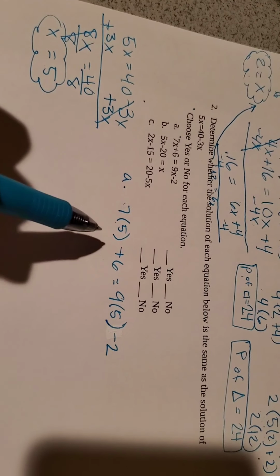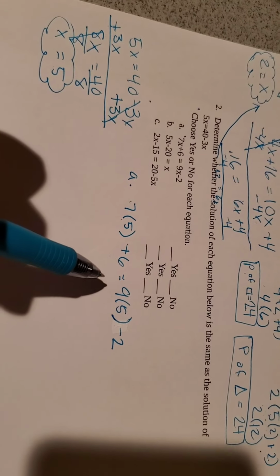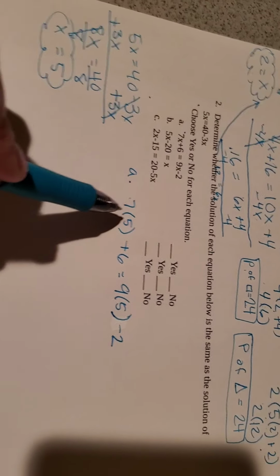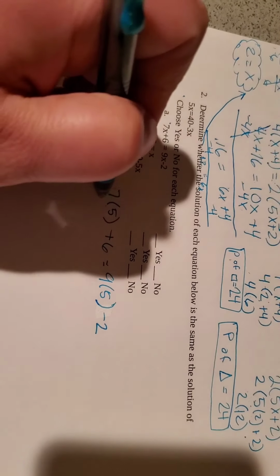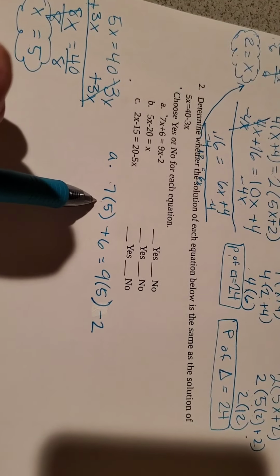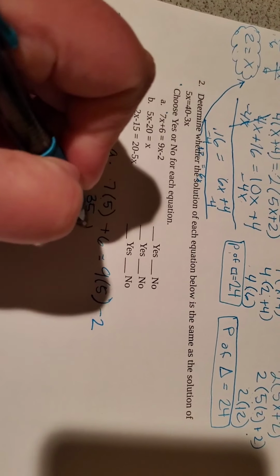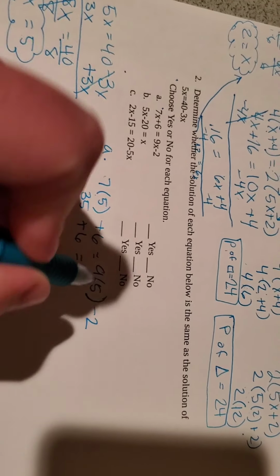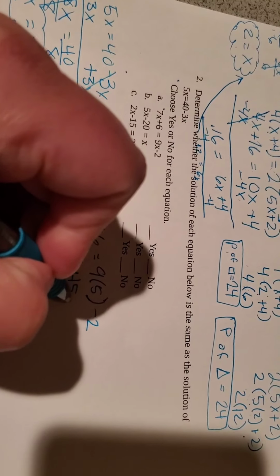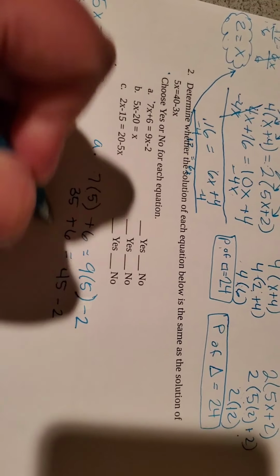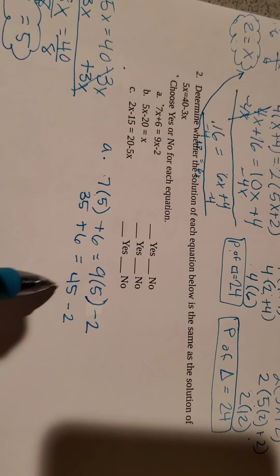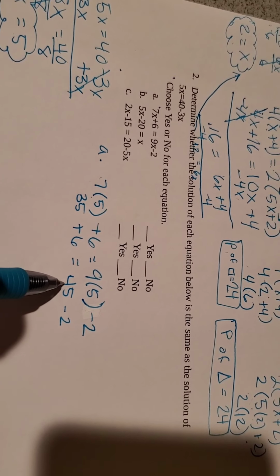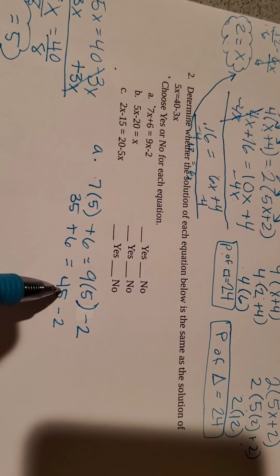Okay, now that I've filled in my x's, I can solve and see, does it match? So 7 times 5 is 35. I'll just write it. 35 plus 6 equals, and 9 times 5 is 45, and then bring down the minus 2. Now I'm going to simplify.